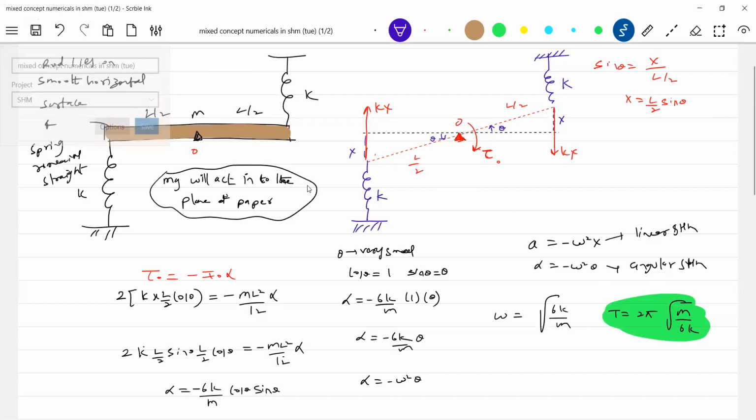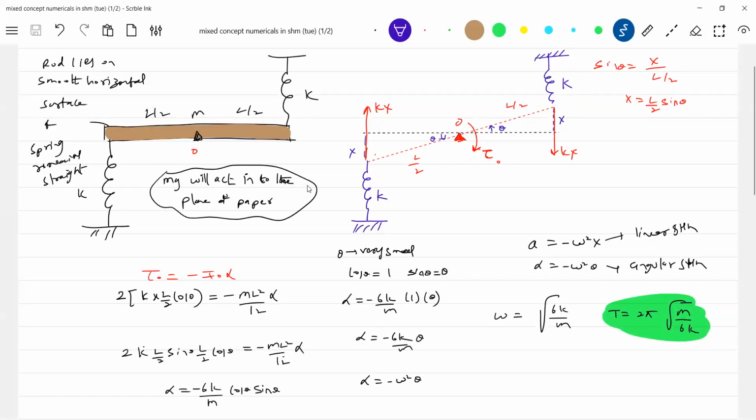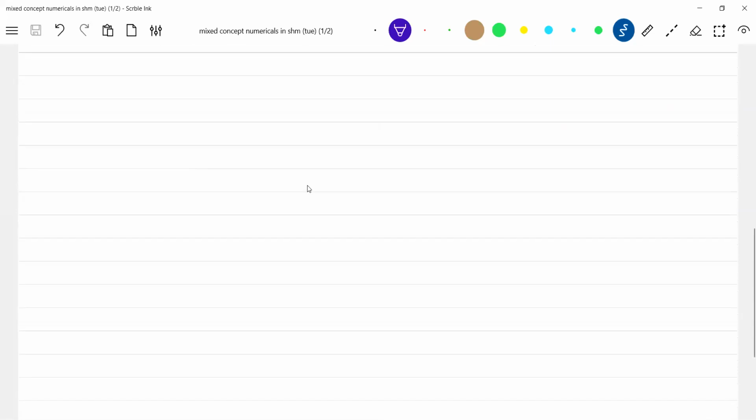Okay, now we'll take one more. With weight also, let it come into the picture.